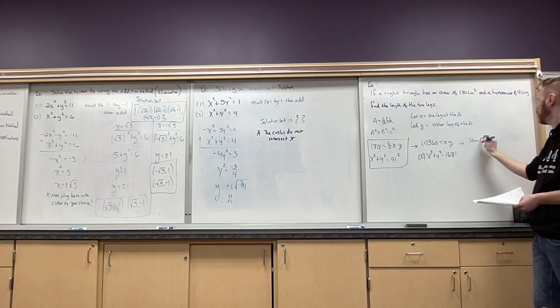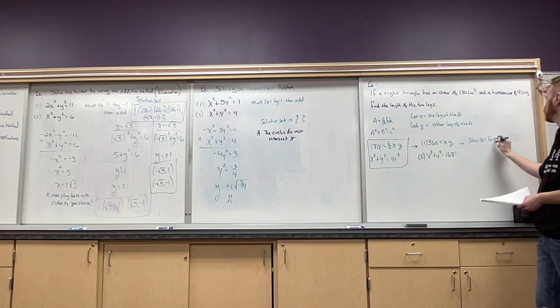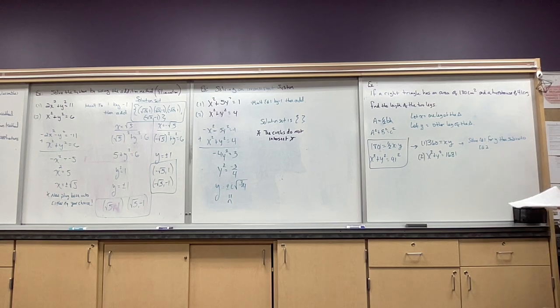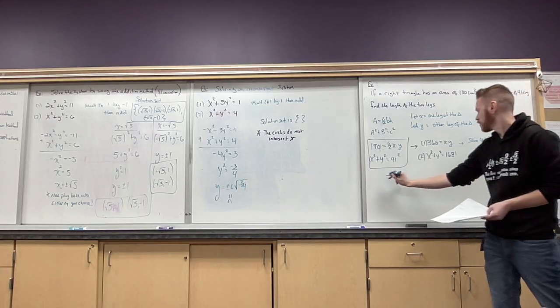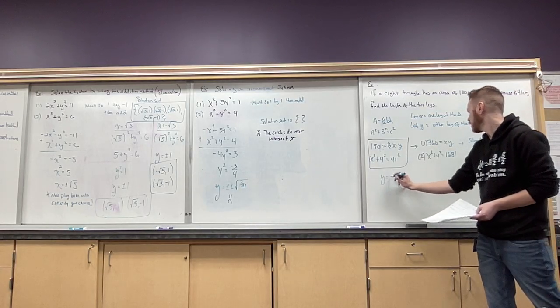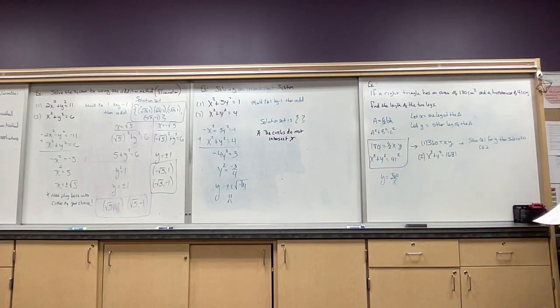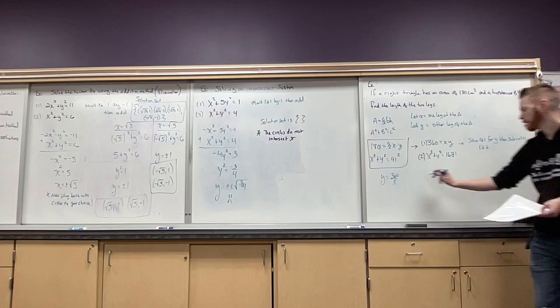So I'm going to solve equation 1 for y, then sub into equation 2. Okay? So let's see what that looks like. So I have here y equals 360 over x. Let me go ahead and substitute that into the second equation.